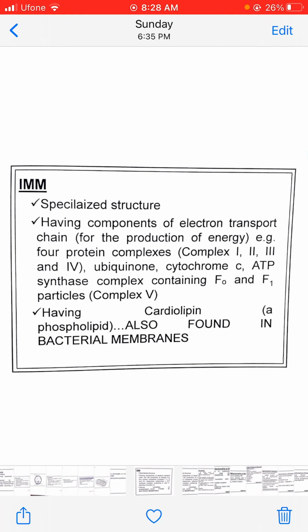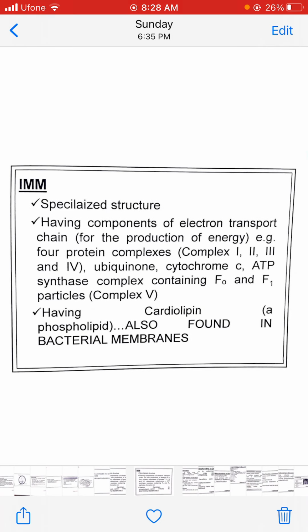It also has cardiolipins, phospholipids also found in bacterial membranes. These specialized structures allow the passage of electrons and ultimately lead to the production of ATP. That's why the production of ATP takes place in the mitochondria.